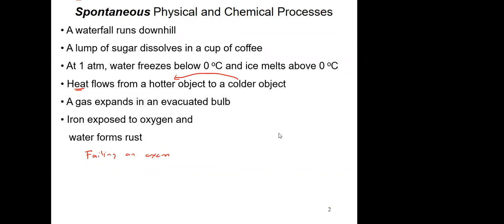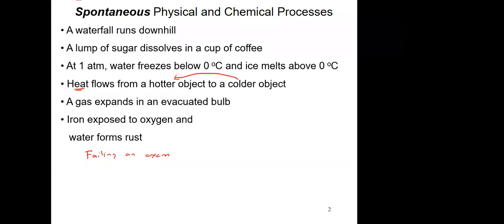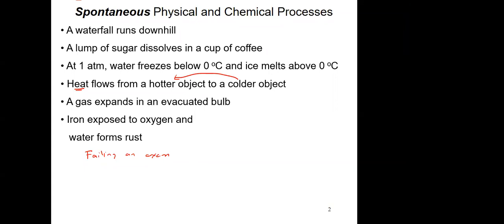Okay, you didn't study, that means there's no outside intervention. If you study, is there an outside intervention? Yes. Remember, what's the definition of a spontaneous process? It happens on its own.